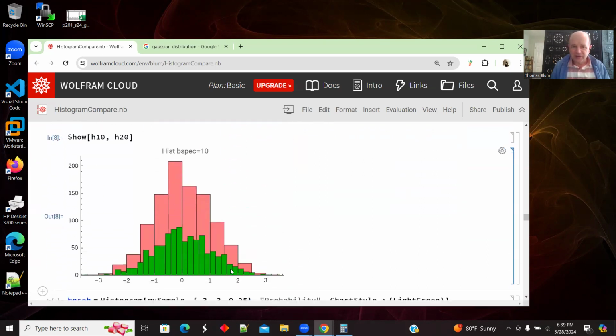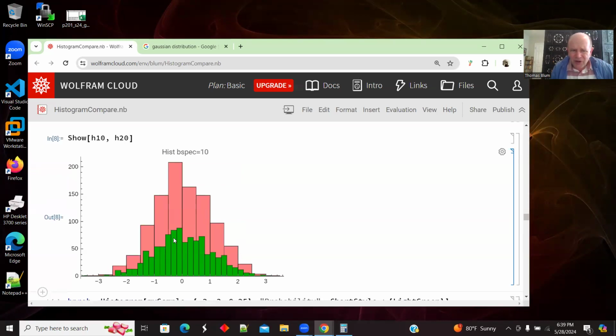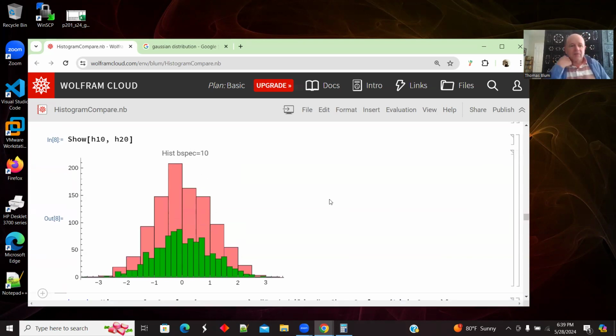And here's the result. So I'm getting about 2.5 of the green to 1 of the pinks. Okay, so there's that. And also the height comes down, because the height is related to how many times you fell in a certain bin.